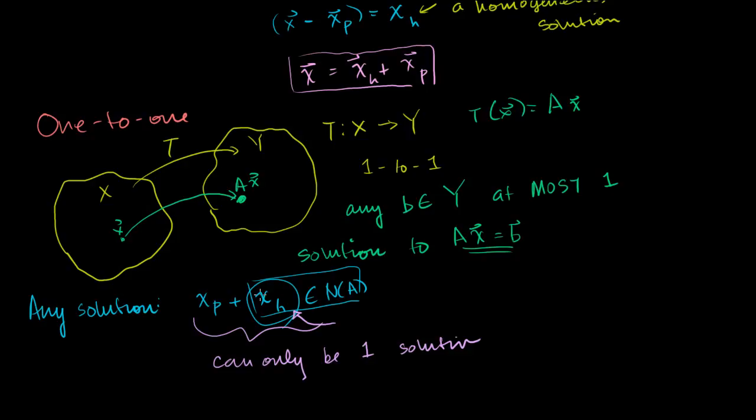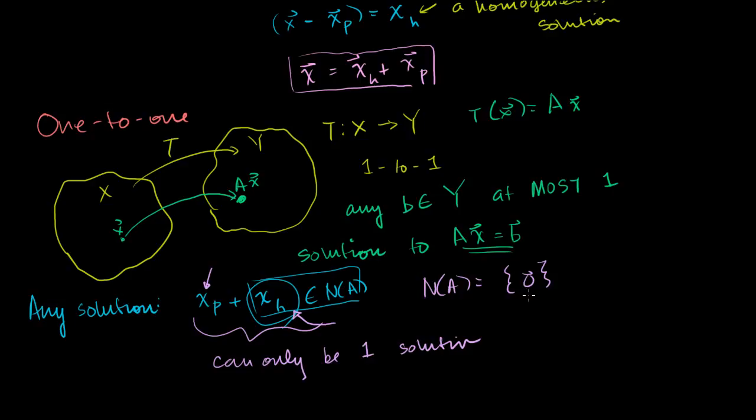There's only one particular solution right there, but the only way that you're going to have only one solution is if your null space is trivial, if it only contains the 0 vector. Your null space will always, at minimum, contain the 0 vector.